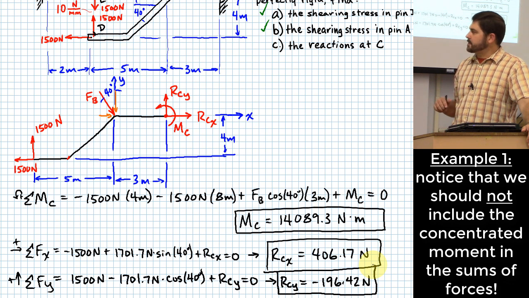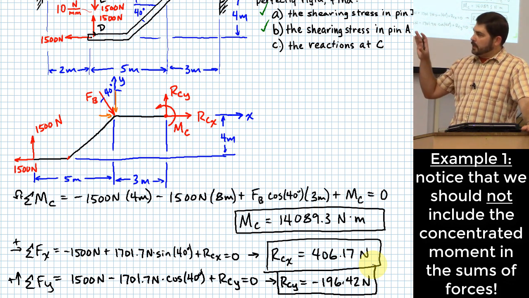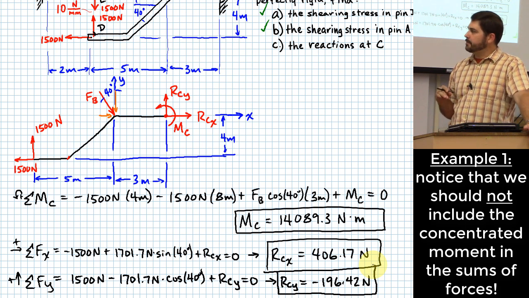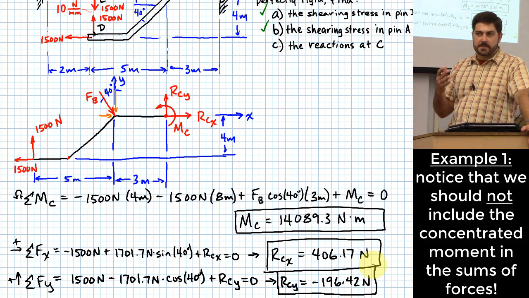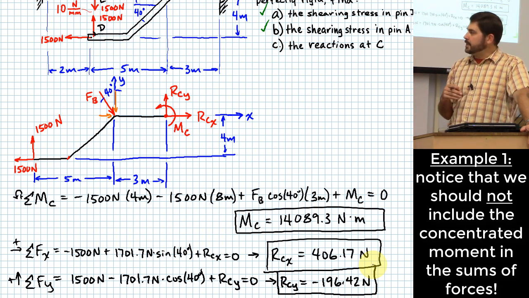Okay, notice this. I'll make this comment too. My concentrated moment, m sub c, did it show up in my translation equations, my x and y sums? It did not, and it doesn't need to. It's a concentrated moment.